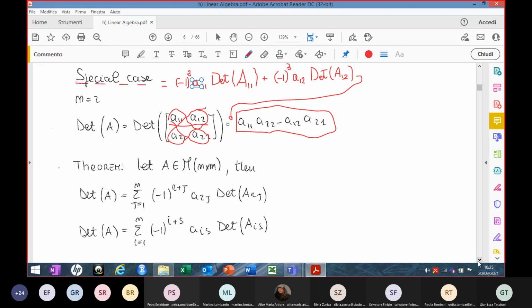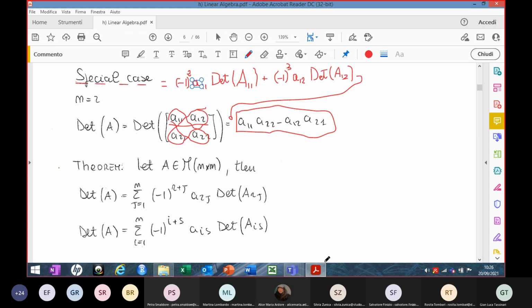You can develop it by following the second row if you prefer. You can compute the determinant by developing it along the third row. But the theorem establishes something more. You can even develop the determinant along the column you prefer, and the result will not change.